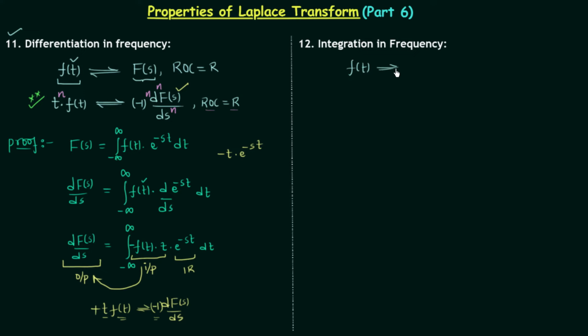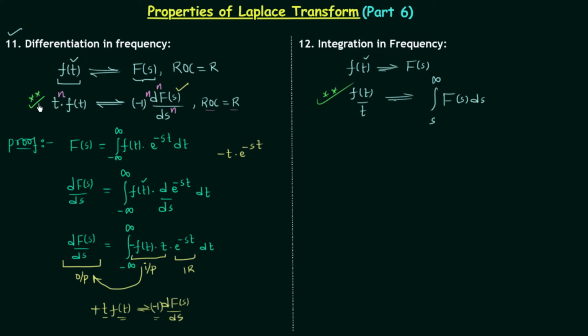We will take the time domain signal f(t) and let's say its Laplace transform is F(s), and the property is pretty much similar to the differentiation in frequency property, but this time instead of multiplying t to f(t) we will divide f(t) by t, and when you do this you will have a new Laplace transform which is equal to the integration from s to infinity of the old Laplace transform F(s) with respect to s. So this is our integration in frequency property or integration in s domain.